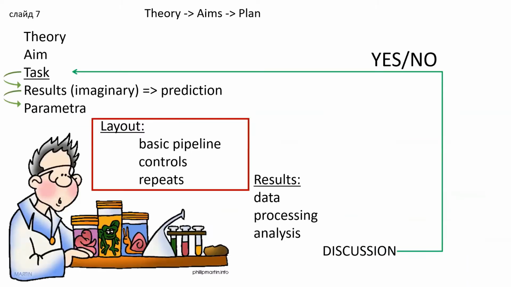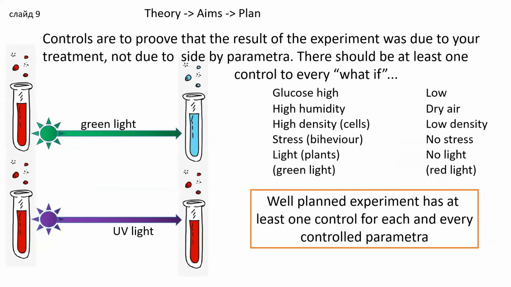If the experiment is not really good, we just skip a little bit further. You make your control and you use ultraviolet light as the control for the green light. So when you have your red bacteria and you expect them to be blue and you apply green light, okay, they're blue.